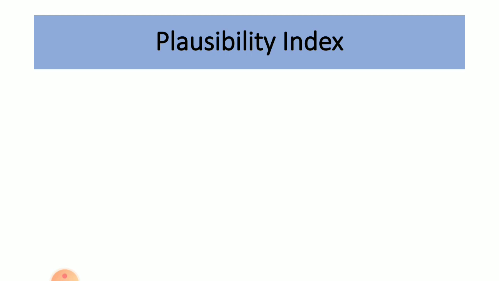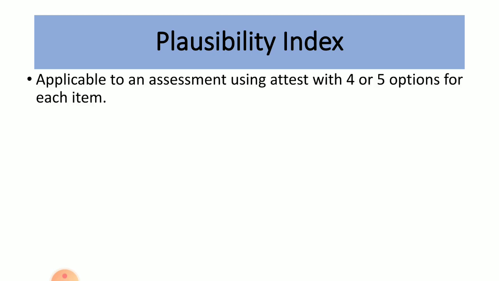The plausibility or breaking index is applicable to an assessment using a test instrument with 4 or 5 options for each item. Noting that the minimum option for a multiple choice assessment instrument is 4.